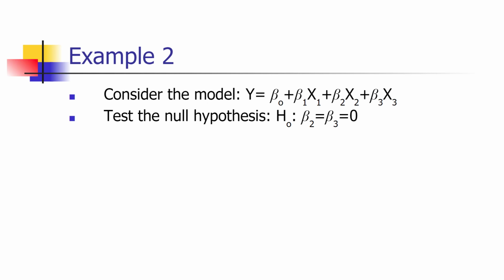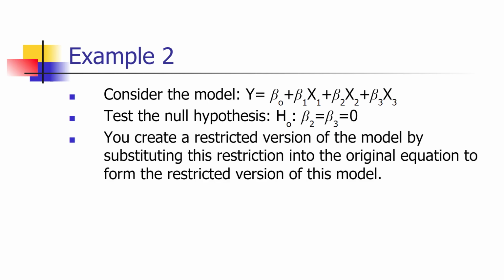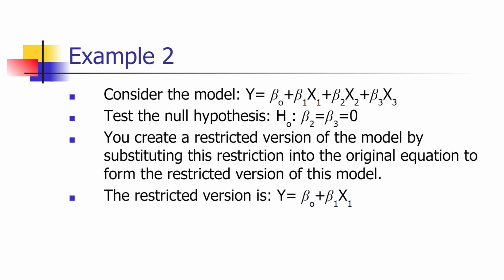What we're testing is whether the joint effect of variables x2 and x3 together is truly 0. In this case, the restricted version of the model is fairly simple. We just substitute in values of beta 2 and beta 3 equal to 0, and the restricted version of the model is that y is equal to beta 0 plus beta 1 times x1.